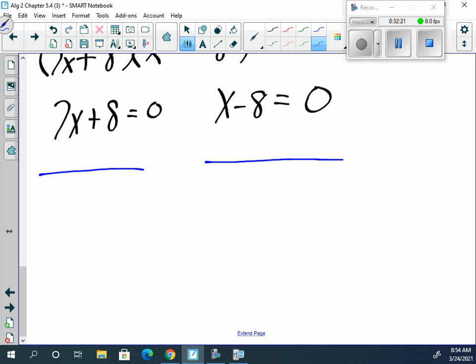That brings us to the very last step, which is solving. First step here is going to be subtract 8, so we get 7x is equal to negative 8.